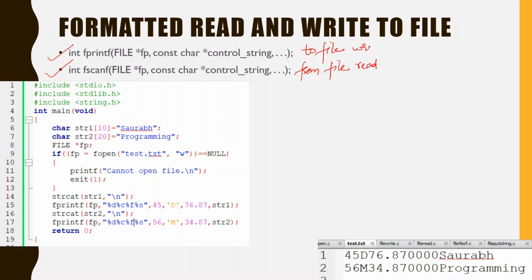The difference here is simply that every piece of data that is going to be added to the file has a specific format. Not all would be characters and not all would be strings. This looks like a string, but individually they all have existence: this is an integer, this is a character, this particular thing is a float, and this is a string. Similarly there is existence of all of these.